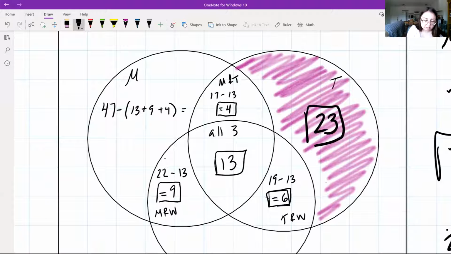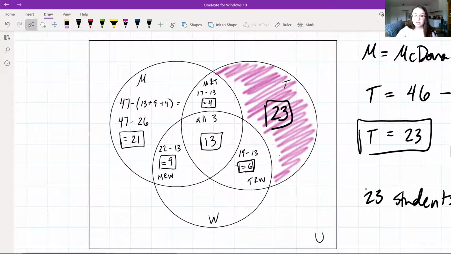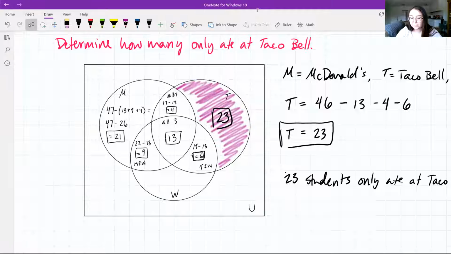This ends up giving us 47 minus 26, and we're left with 21. So 21 people ate at McDonald's.